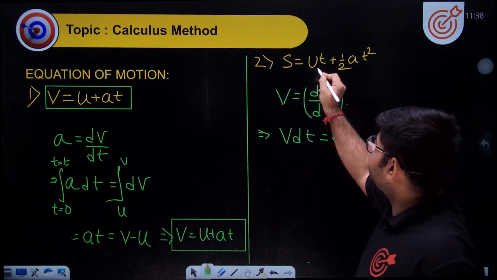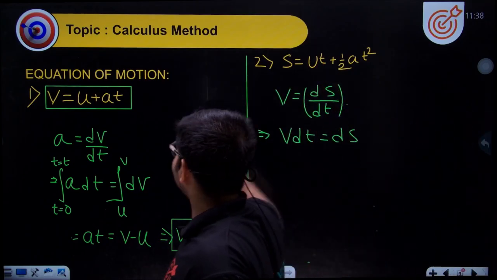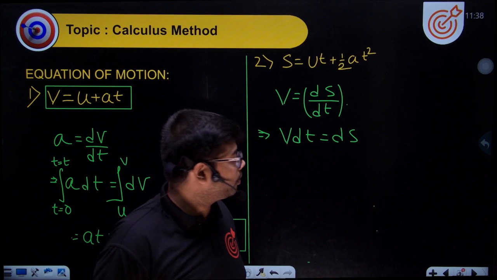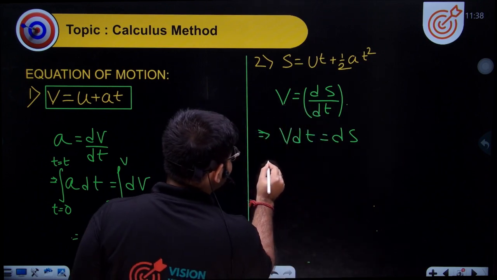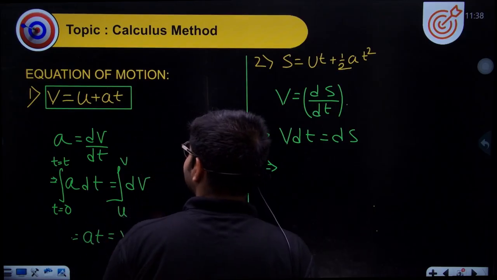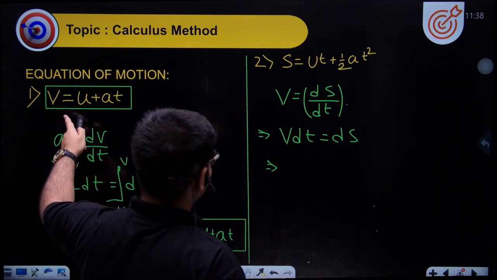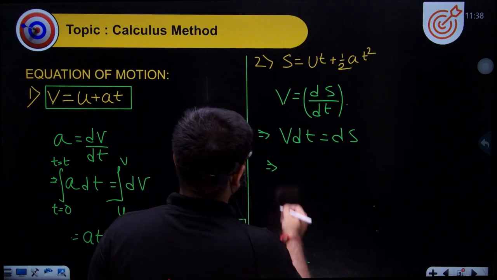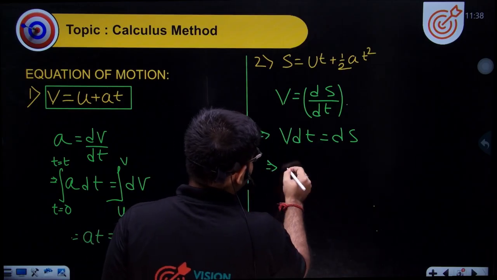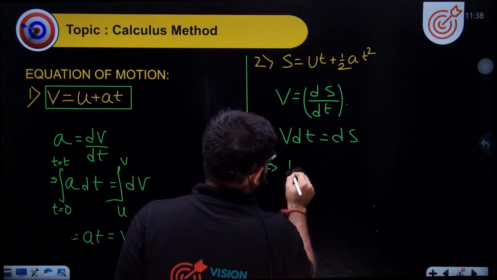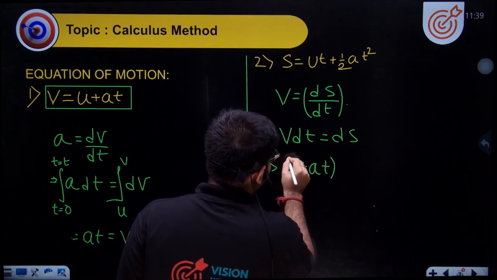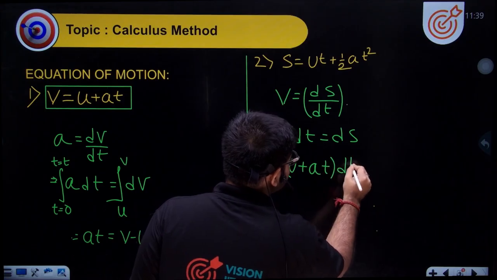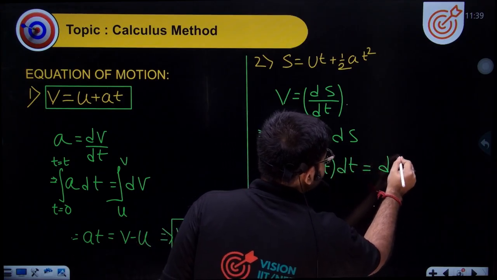You are getting U, initial velocity, nowhere is final velocity involved. So, I will have to replace the V here. From equation number 1, V is U plus AT. So in place of V you write U plus AT, into dt is nothing but my ds.